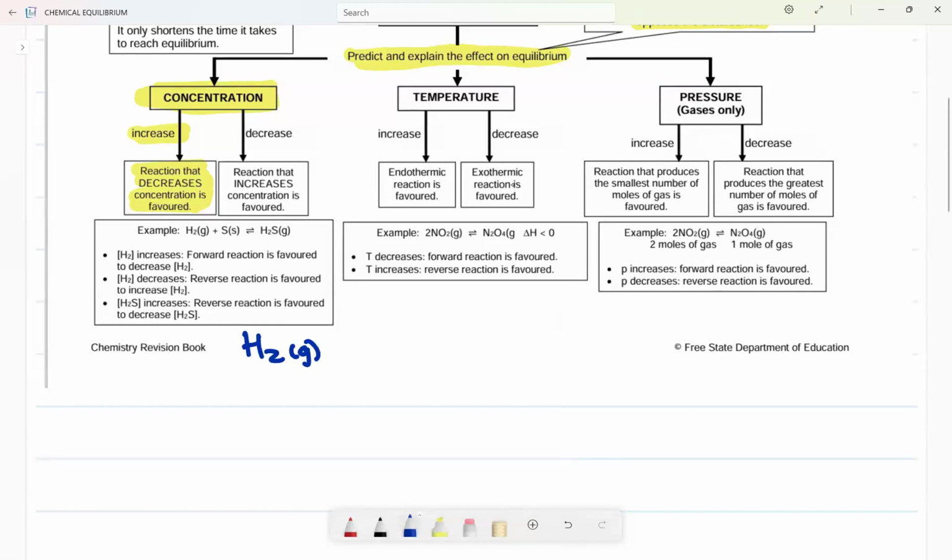H2 in gaseous form and sulfur in solid, in a reversible reaction, we form H2S like that. Now, I'll be the one explaining them; I won't be reading them here.